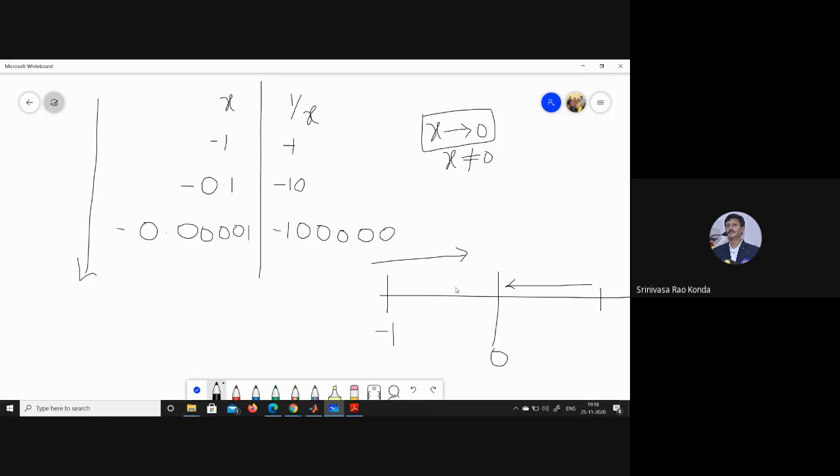As x approaches 0 plus, meaning the positive side, from the right hand side, the limit as x approaches 0 plus of f of x, that is 1 by x, is positive infinity.